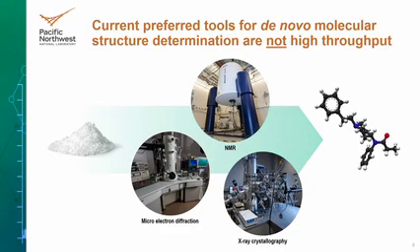That's all well and good, but that's a slow process. It's not high throughput. You also usually require significantly more quantities of the substance than what you might require for a typical profiling, or you might need to grow a crystal, or at least partially grow a crystal in the context of micro-ED.